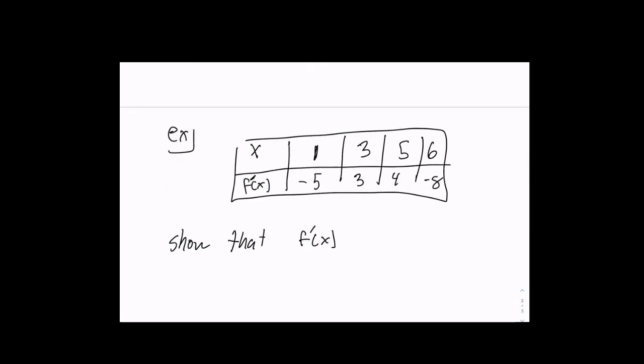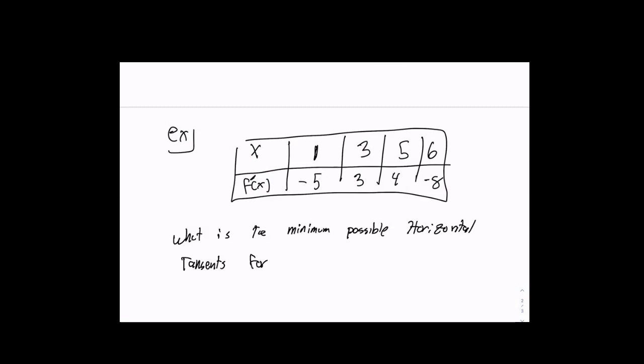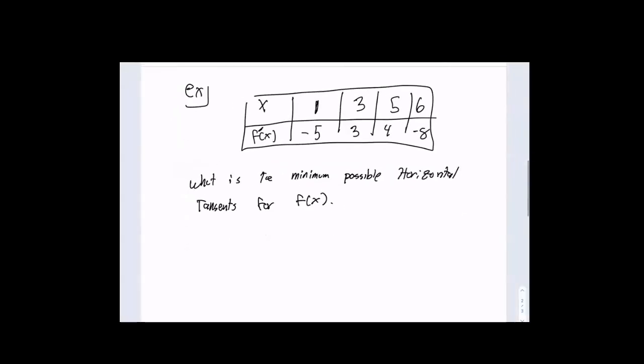What is the minimum possible number of horizontal tangents for f of x? Justify.